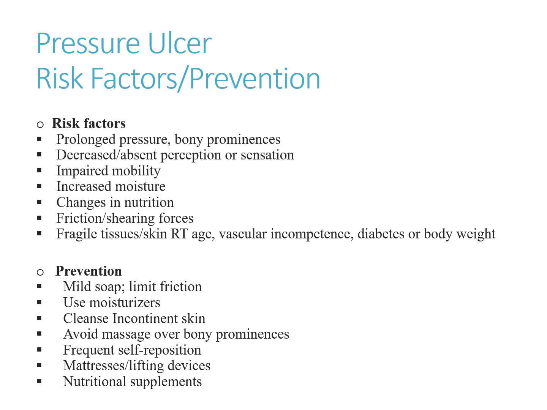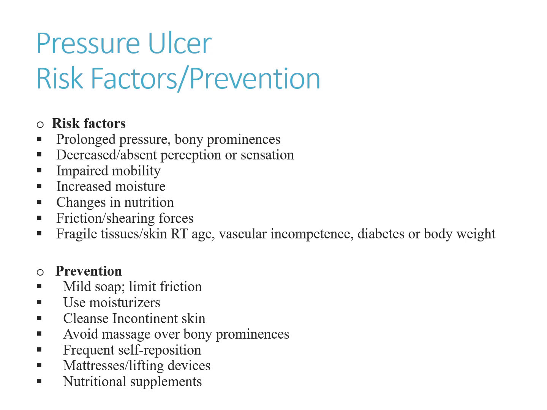Decreased or absent perception or sensation. The patient may not even know they have pressure happening because the pain response is different. Impaired mobility, if they're not able to move the extremity on their own. Maybe increased moisture, changes in the patient's nutrition, or friction, shearing forces can cause shearing of the skin.